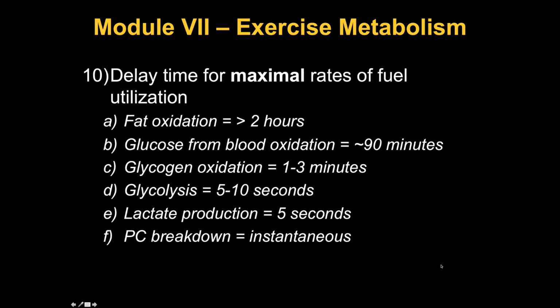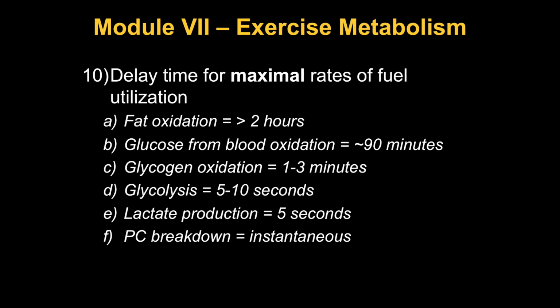We also need to talk about the delay time and the maximal rates of fuel utilization. And that word is very, very important, maximal rate. When we start to exercise, we start to kick in fat oxidation at about 20 minutes, but we won't see maximal fat oxidation till we're out at 2 hours and beyond.